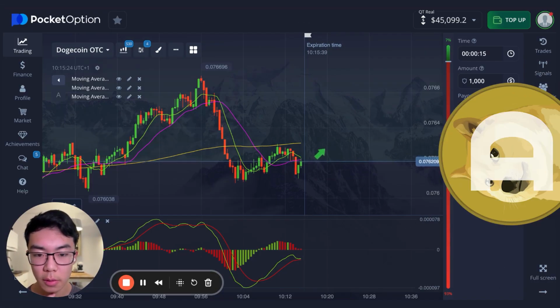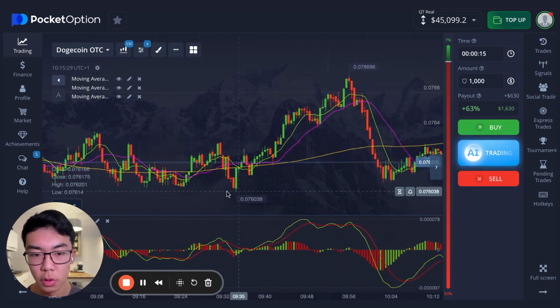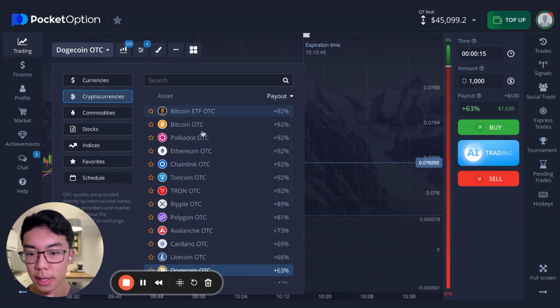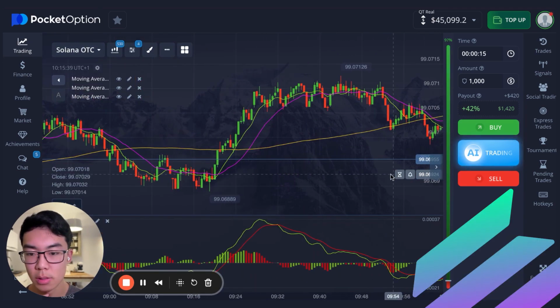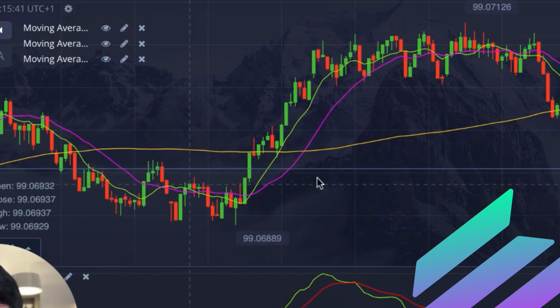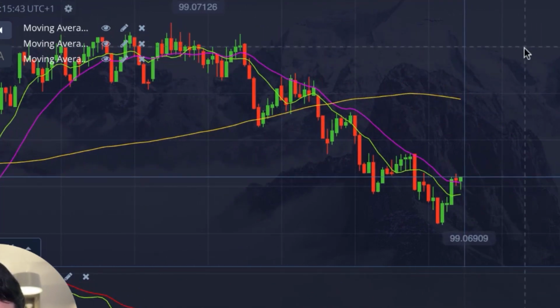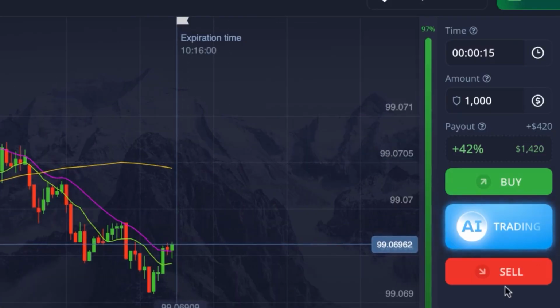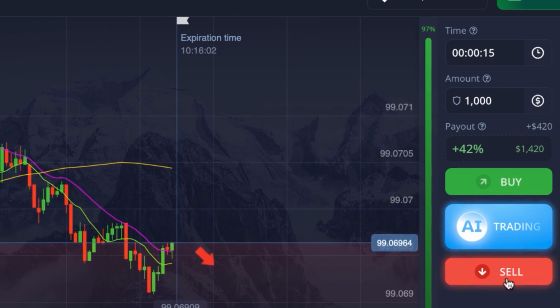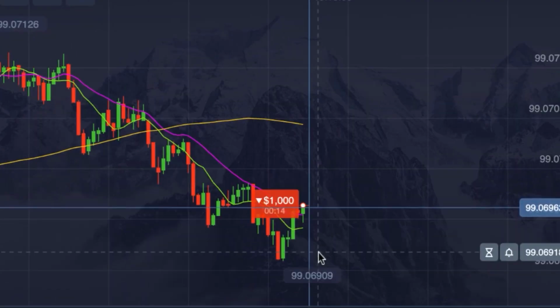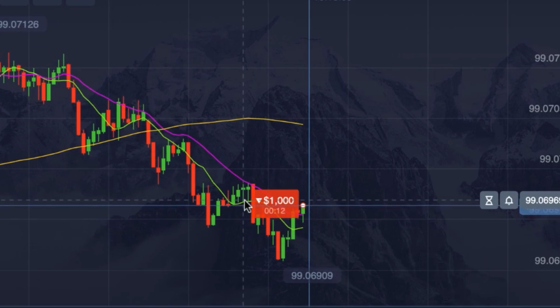And Dogecoin movements aren't super sturdy, so I wouldn't bet on this yet. Like Solana. Okay, so there might be a resistance level right here, around here, which means I likely sell. Okay, let's see how this pans out.